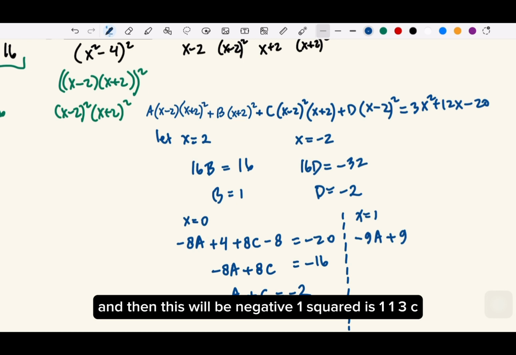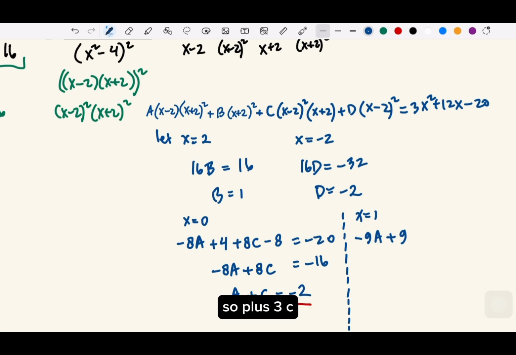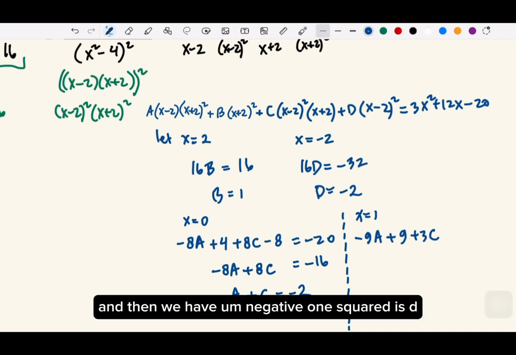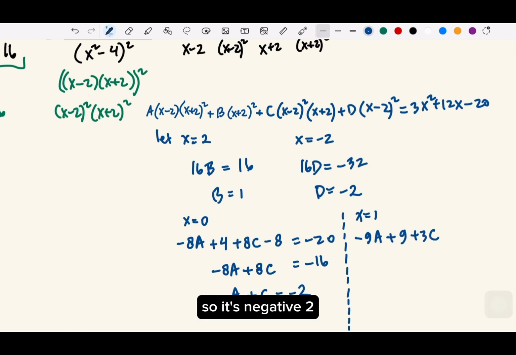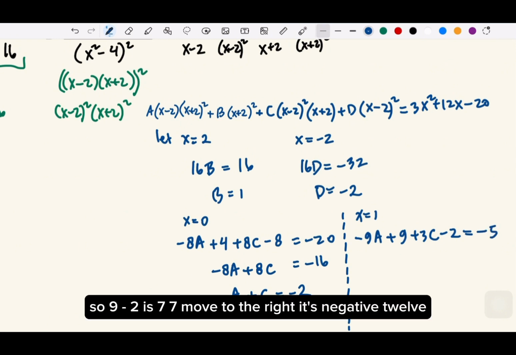And then -1 squared is 1, 3c, so plus 3c. And then we have -1 squared is d, so it's -2. This equal to 3 plus 12, 15 minus 20 is -5. So 9 minus 2 is 7, 7 move to the right, it's -12.